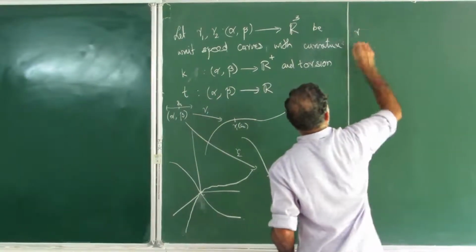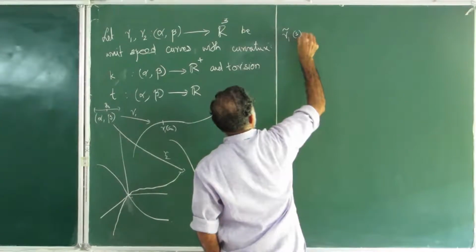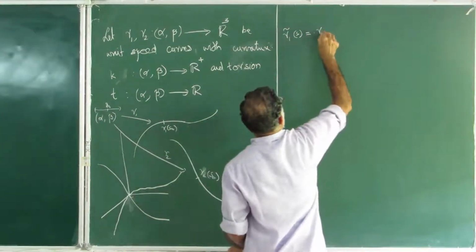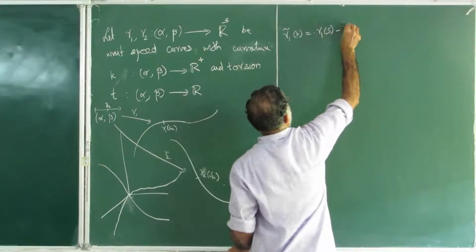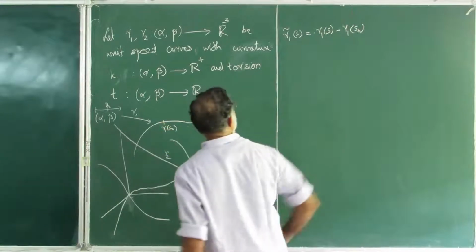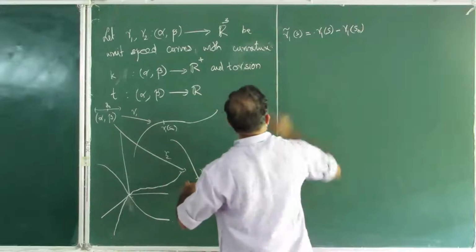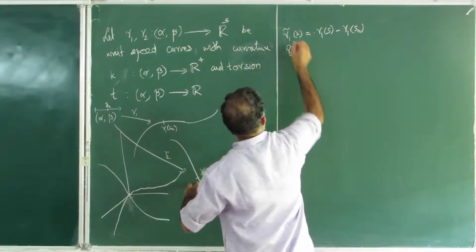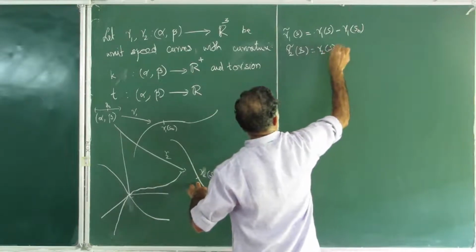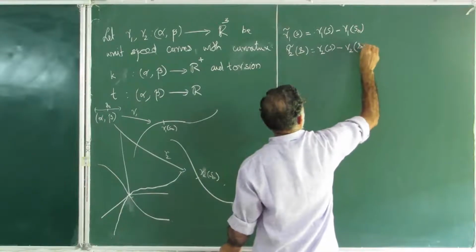Let us take gamma 1 tilde s equal to the translated curve, so gamma 1 s minus gamma 1 s naught. Gamma 1 s naught is a fixed vector, so we are subtracting. Similarly, gamma 2 tilde s is equal to gamma 2 s minus gamma 2 s naught.